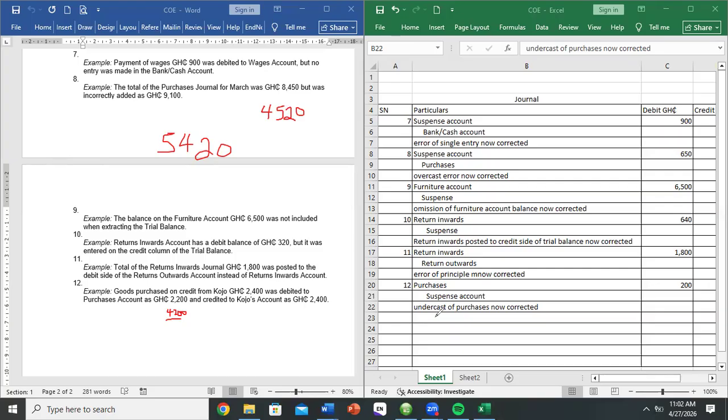Sir, my question is not about what you just did right now. It's about the errors that do not affect the agreement of the trial balance. Those errors don't show or appear in the trial balance, they don't create any difference. So first, how will you know?